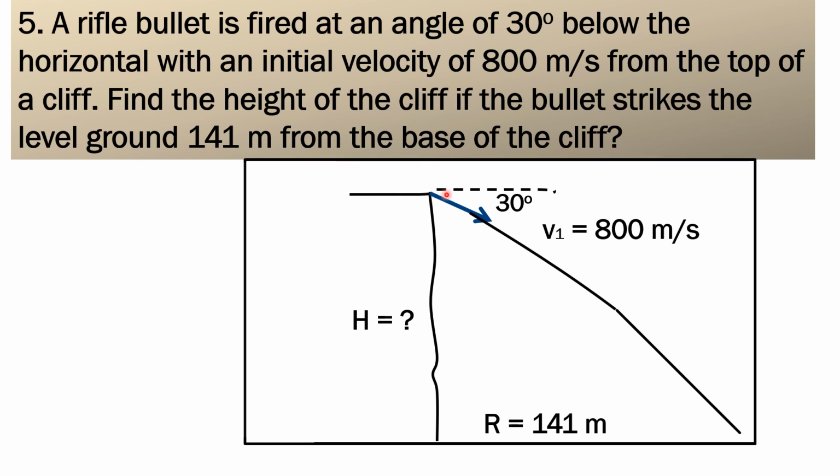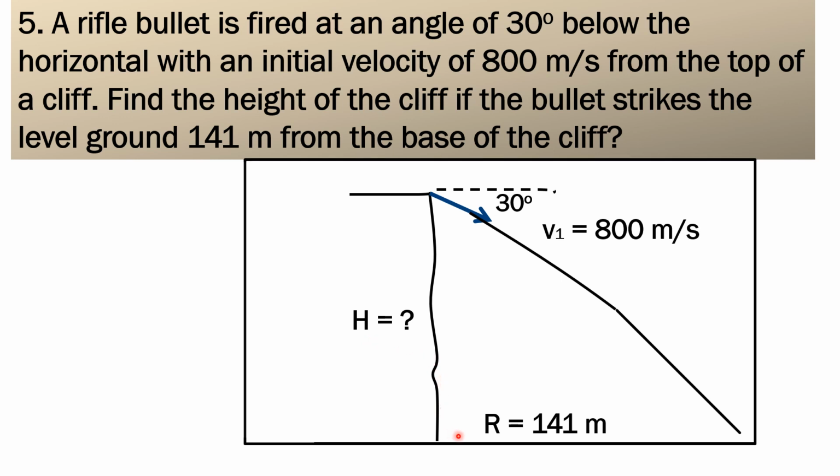So from that dash line, the angle below it is what we mean by 30 degrees, right? And the magnitude of the initial velocity of the bullet is 800 meters per second. All right, so we are tasked to determine the height of the cliff, labeled here as capital H.